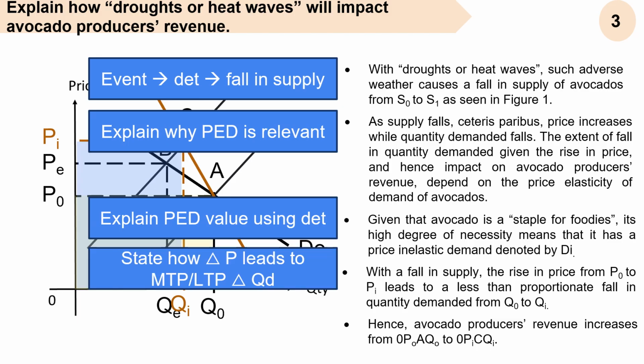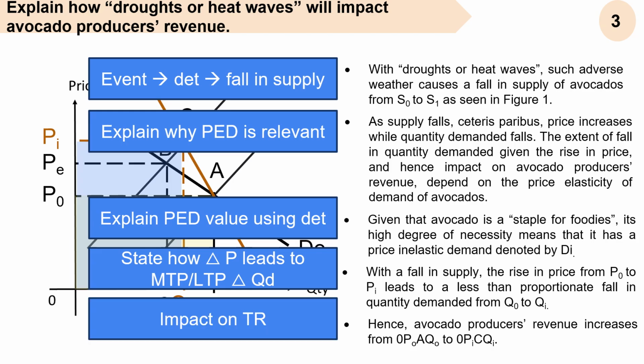Then you state that the change in price leads to a more than proportionate or less than proportionate change in quantity demanded. And lastly, if the question asks you about revenue, then you need to conclude with what happened to revenue. Did it increase or did it decrease? So there is a structure to it. Not anyhow, right?